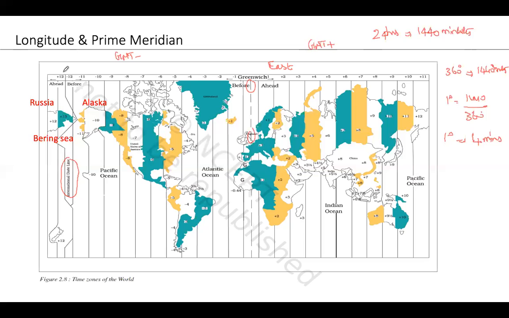What happened is that at one point of time, at the international date line, there will be completely 1 day of lag. So in the US, when it is the 24th, here it will be the 23rd. Here I think they have clearly given somewhere like a Sunday, here it will be Saturday.